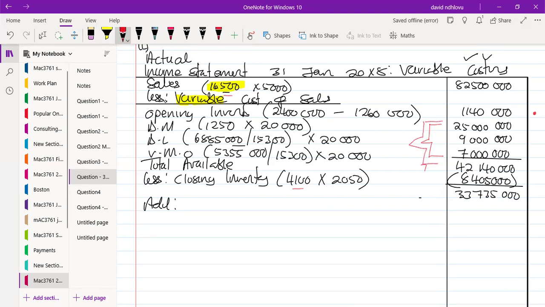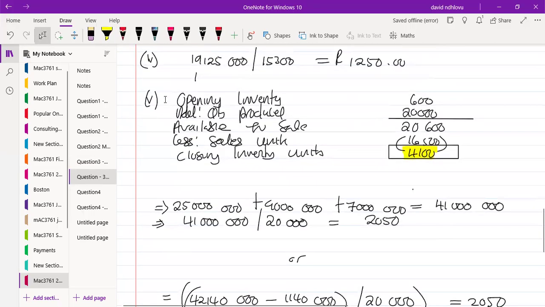The opening inventory. So we did our calculation, we then saw that we have got 4.1 units in closing inventory. But then we say, what is the current cost of production per each unit produced? So leave out the opening inventory, add the direct material, direct labor, variable overhead, get your total current production costs.